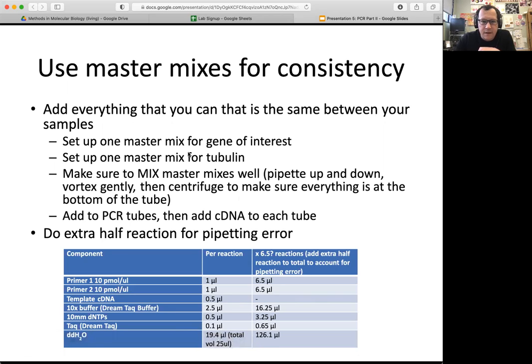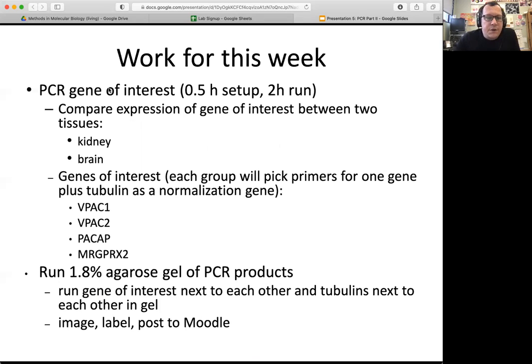So you're going to mix one master mix for your gene of interest, one master mix for your tubulin, and then make sure to mix these up really well, aliquot them into 3 PCR tubes, and then add your cDNA to that. All right, so you're going to do this. Again, it's going to be kidney and brain cDNAs. Then you're going to have 2 reactions, one for tubulin, one for your gene of interest.